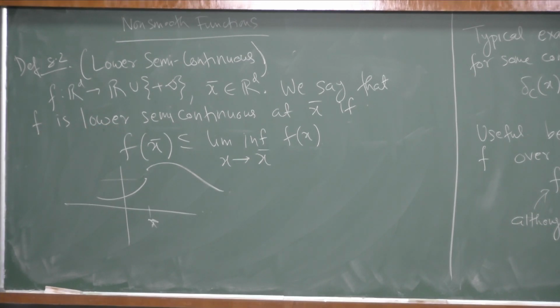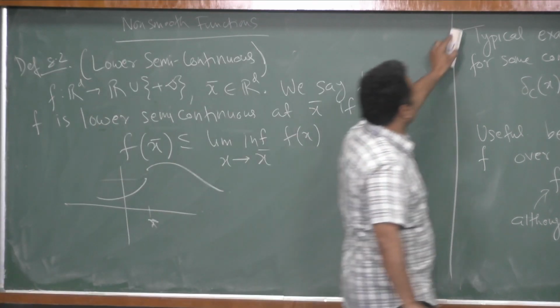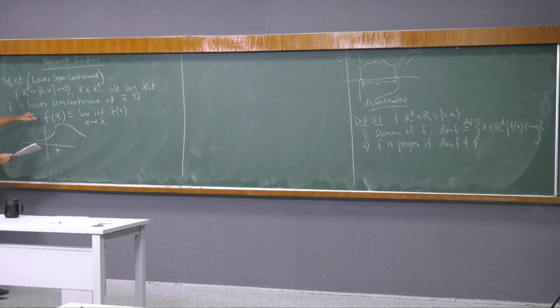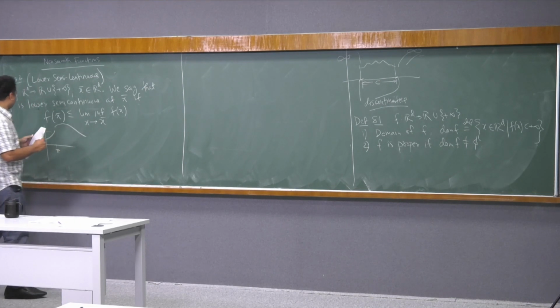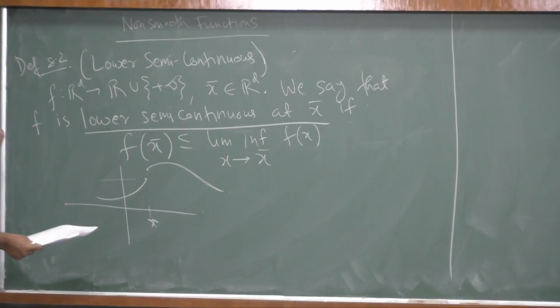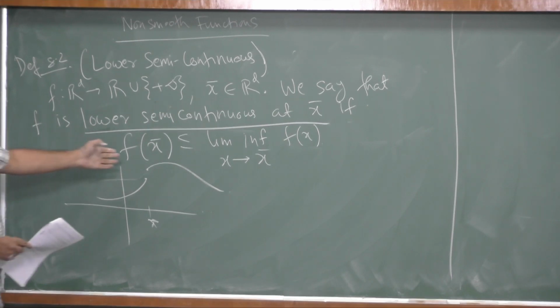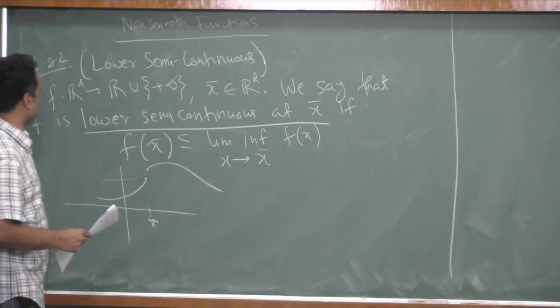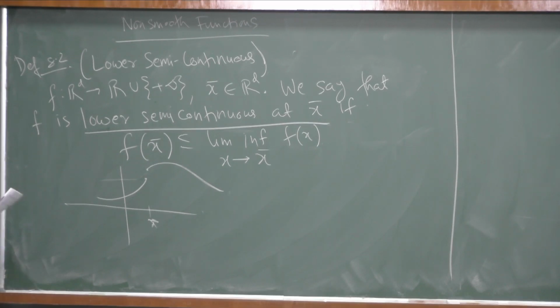For convexity, because we are proving results that go well with convex, lower semi-continuity goes well with convex. So that's why we are interested in lower semi-continuous, which we call LSC for short. Here we said that it's lower semi-continuous at x bar, but if it satisfies this for all the values in the domain, then we call the function overall lower semi-continuous.